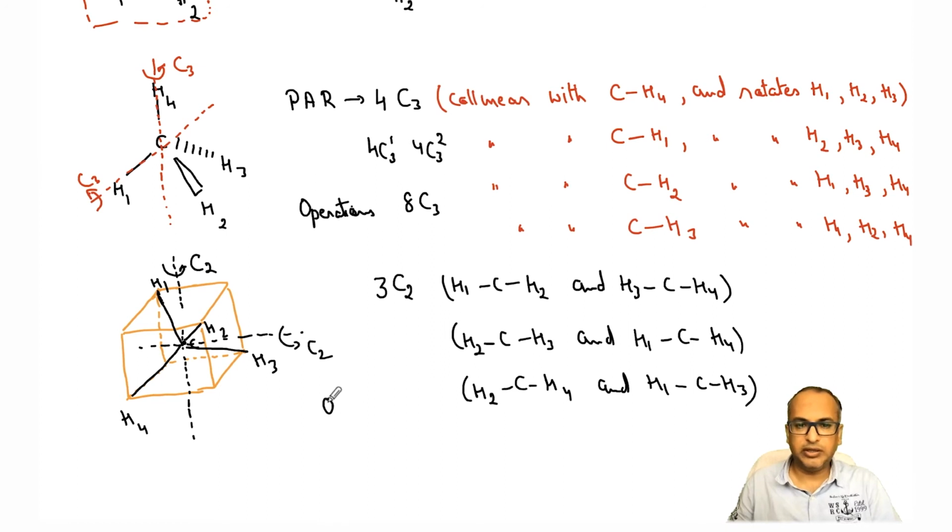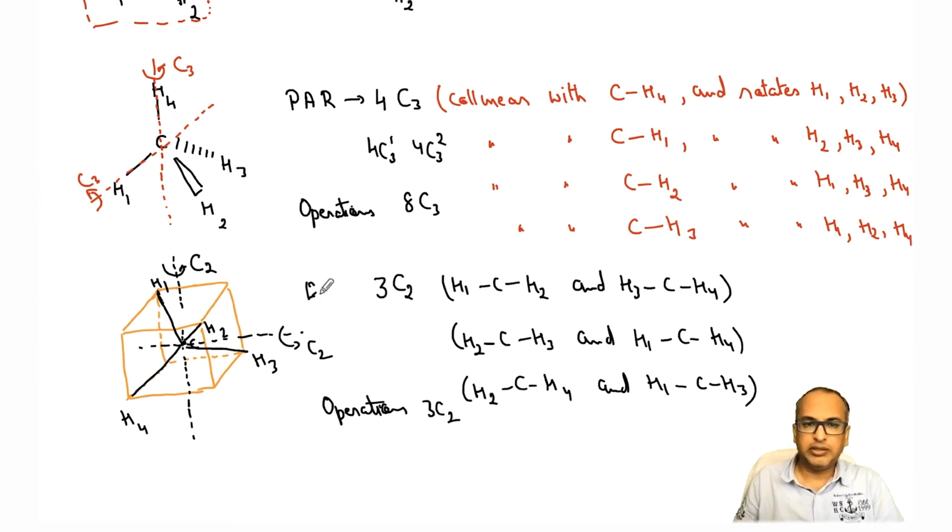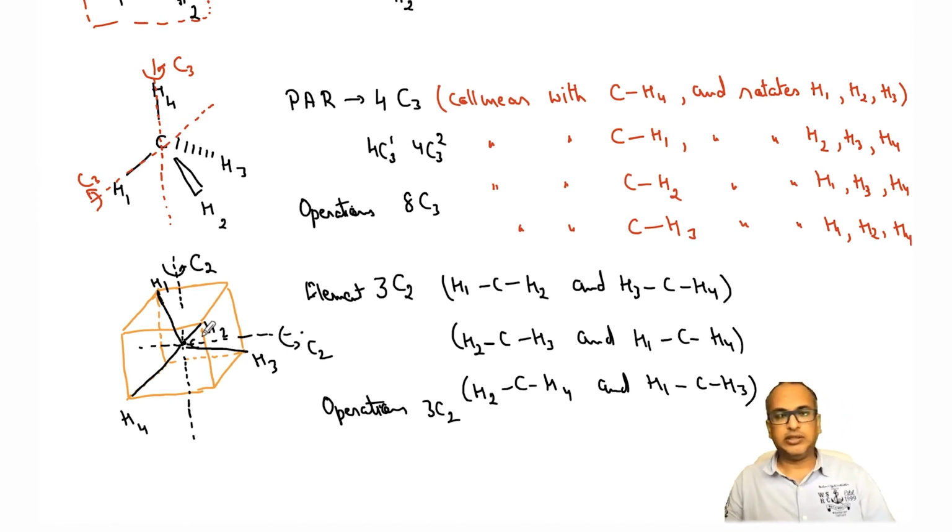So it will be 3 C2 elements and 3 C2 operations. So this tells you how your C2 proper axes of rotation will be oriented, right? Okay.